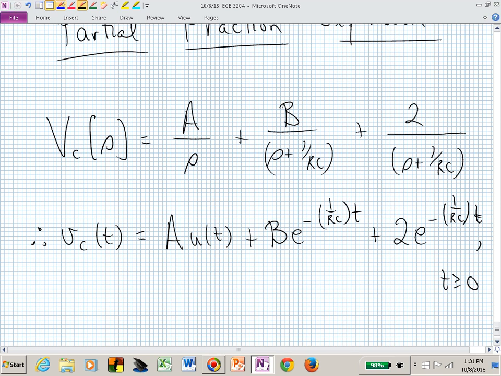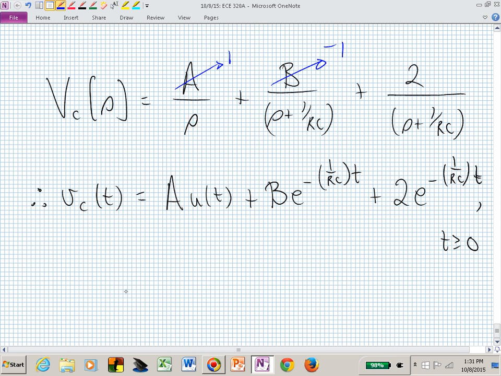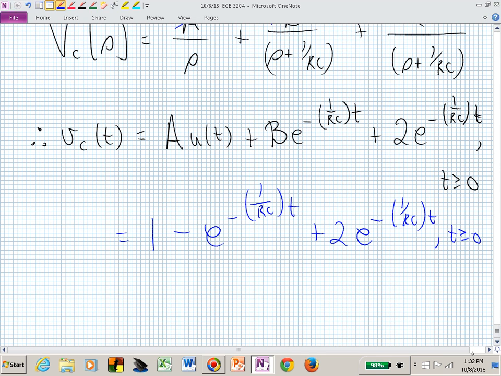If you go through and find capital A and B, you'll find that A is 1 and B is minus 1. And now we can say that v sub c of t is 1 minus e to the minus 1 over RC t plus 2 e to the minus 1 over RC t, for t greater than or equal to 0. But those last two terms are exactly the same, just scaled differently.